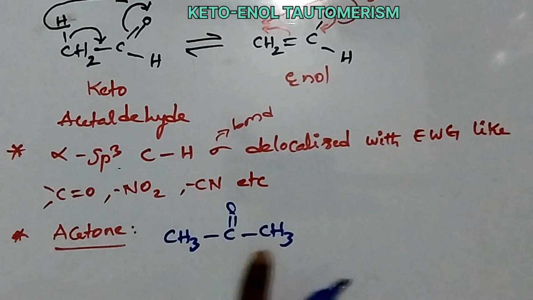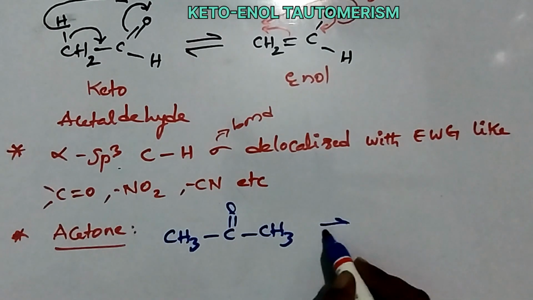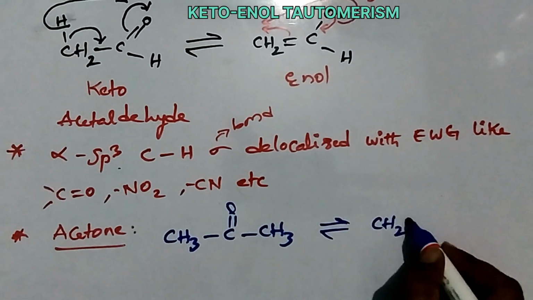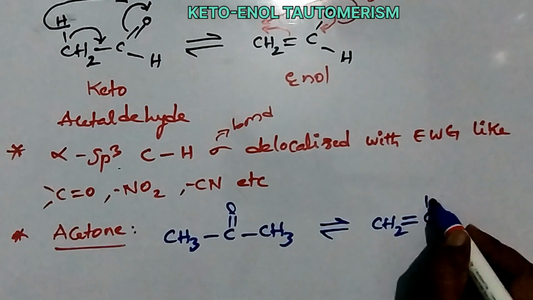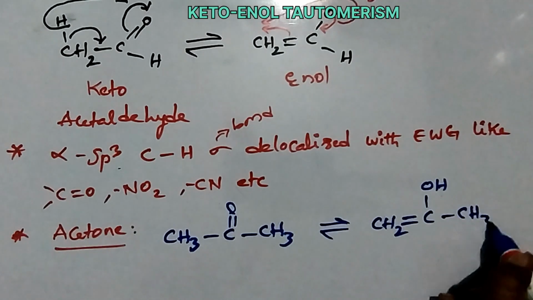Now here 6 alpha hydrogens are there. This is reversible with CH2 double bond C OH and CH3.